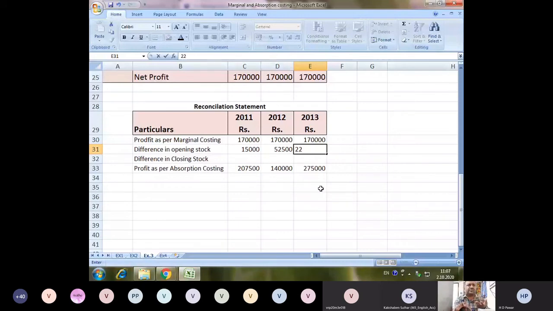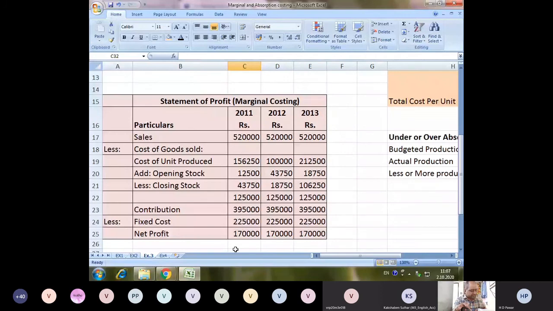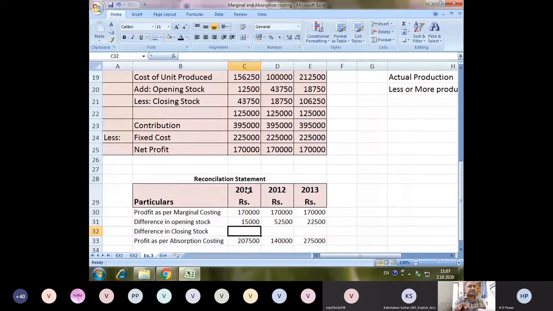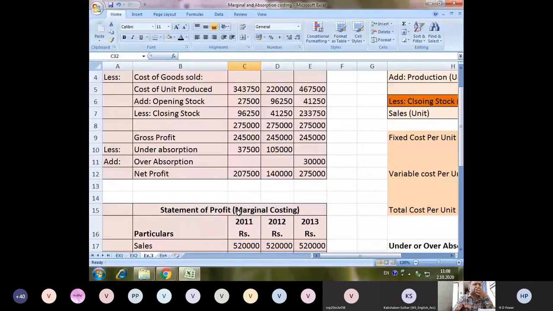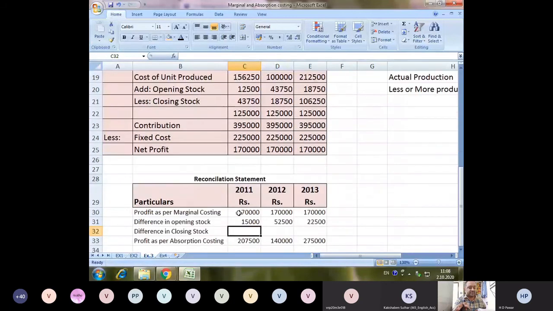In the same way, difference of closing stock: 43,750 and here 96,250. The difference is 52,500.